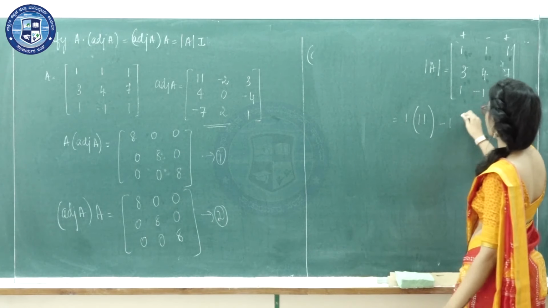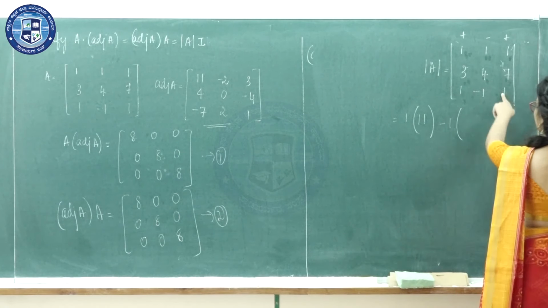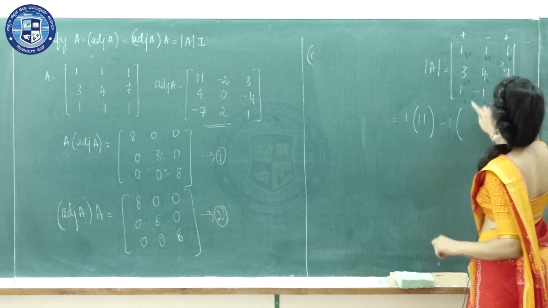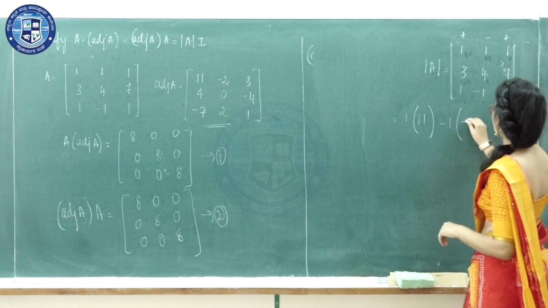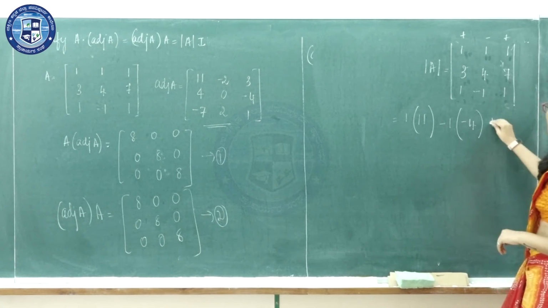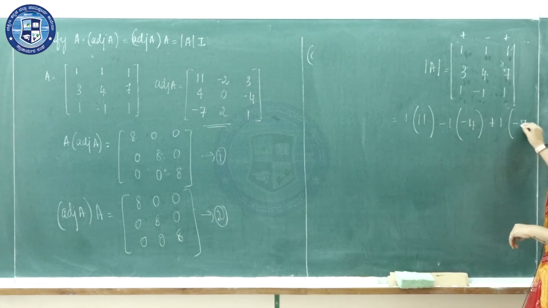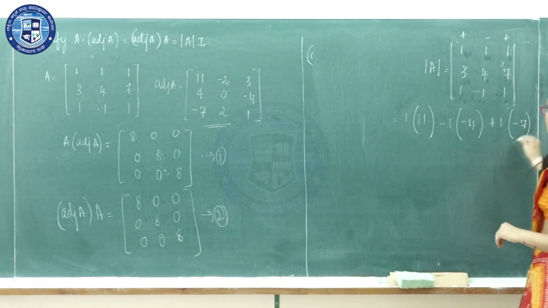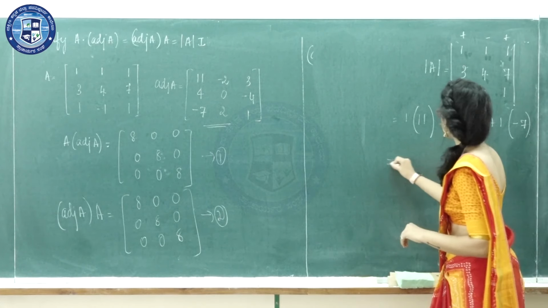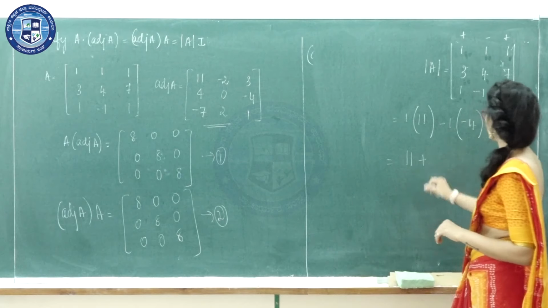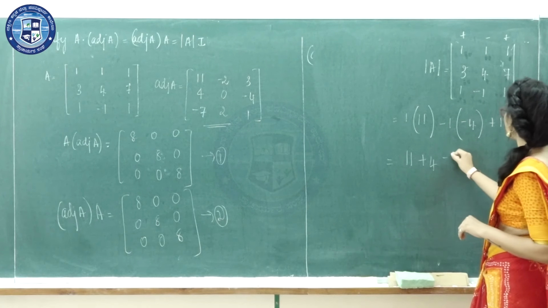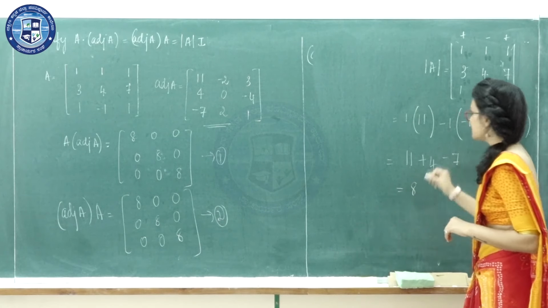Next, minus 1 into, this is 3 minus 7 is minus 4, plus 1 into minus 3 minus 4 is minus 7. Okay. So, this is 11 plus 4 minus 7, answer is 8.